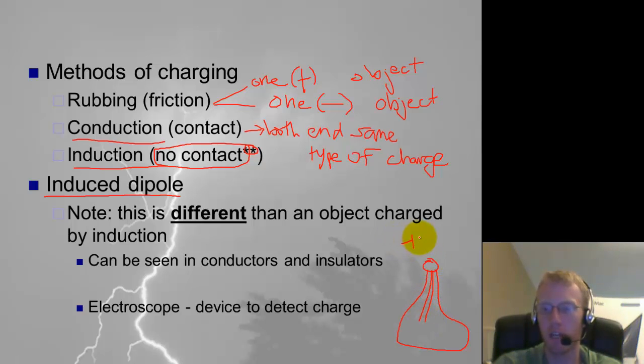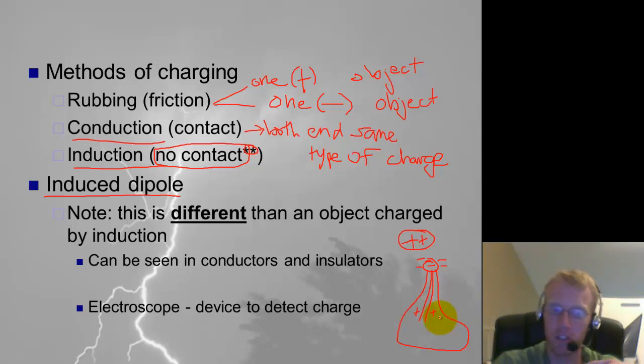So if you bring up something with positive charge, what happens is in this metal here, the negatives are going to come up because they're attracted. They're going to come up here, leaving behind positives on these wires, and then these two wires, because positive charges repel, they will push away from each other. The same would happen if you brought in negative. You would attract the positive, leaving behind negative, which would again repel.